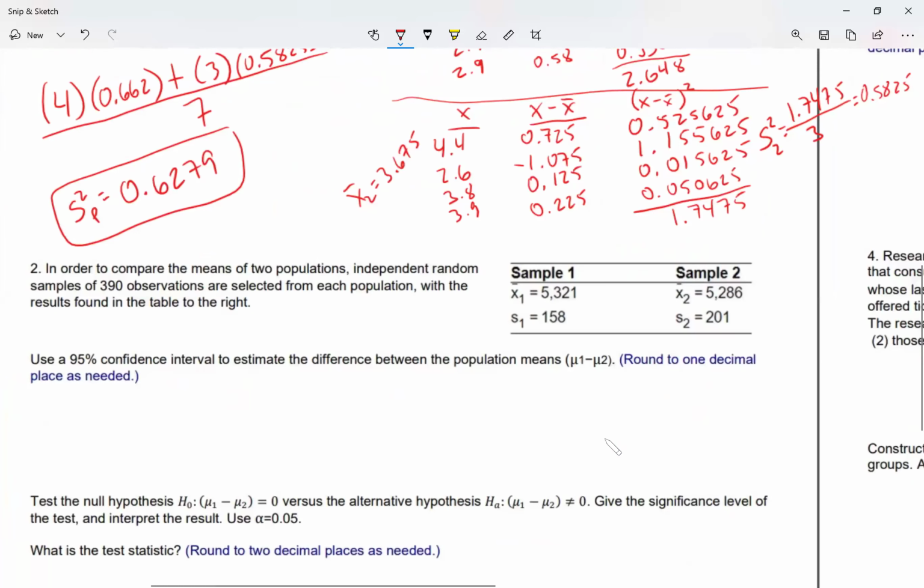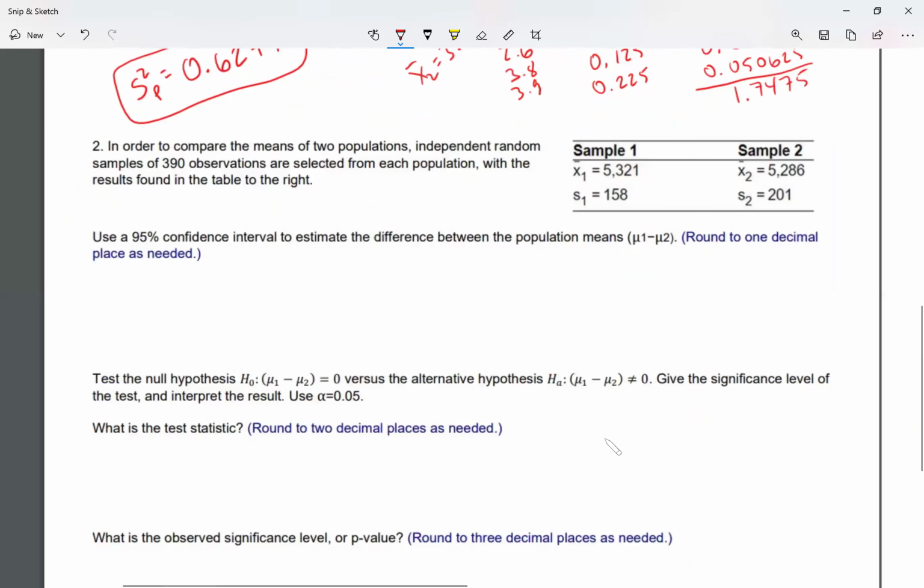Okay, cool. So now that we know that, in order to compare the means of two populations, independent random samples of 390 observations are selected from each population. Wait a minute. So that just told me my N of 1 is 390. My N of 2 is 390.